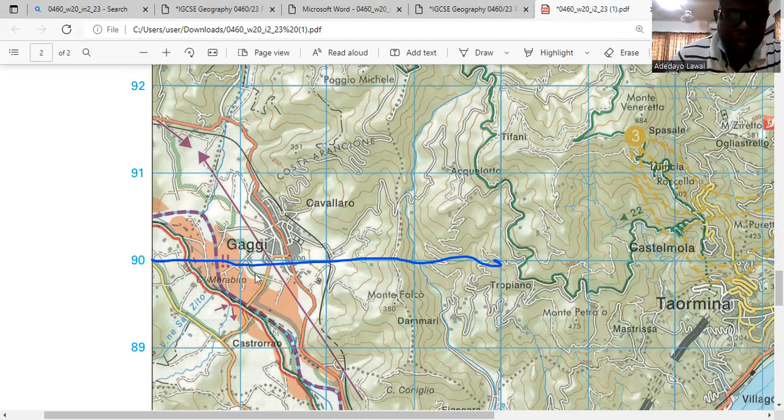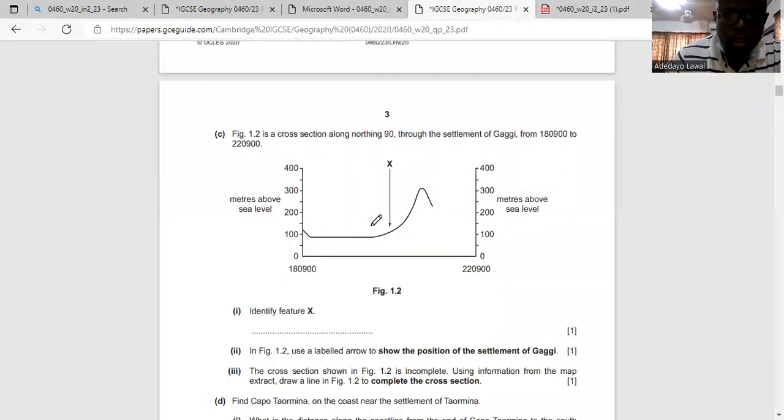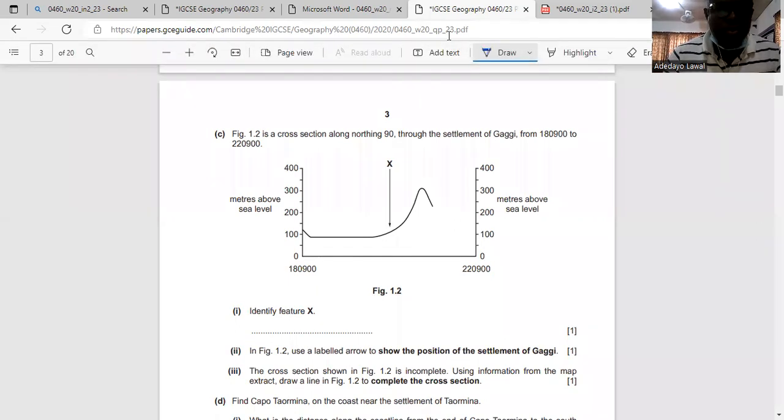So if you go with that estimation, just come here. You might quickly get a ruler to measure from here to here. But if you don't want to do that, just know that it will be somewhere around here. And so you just draw, let me use my Zoom app to do that.